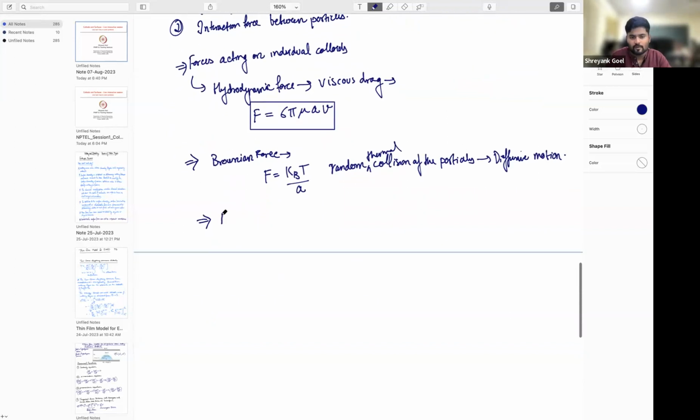Then we have the force of gravity. We very well know what the force of gravity is.